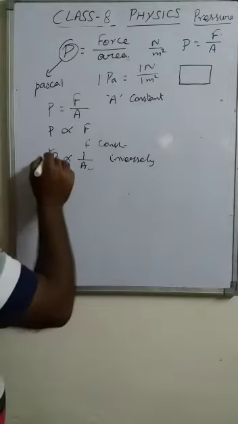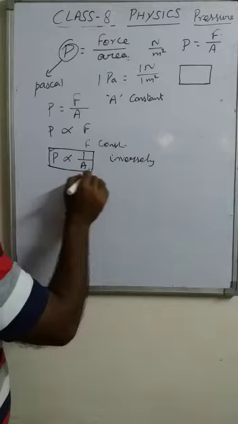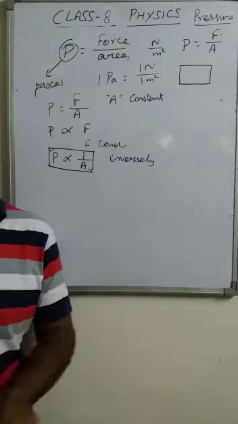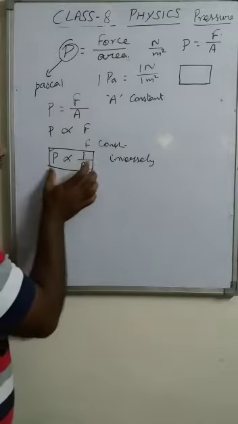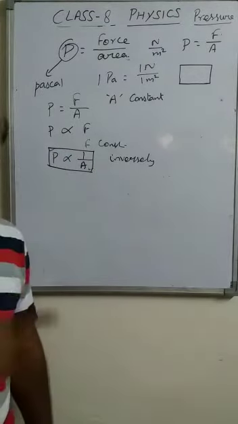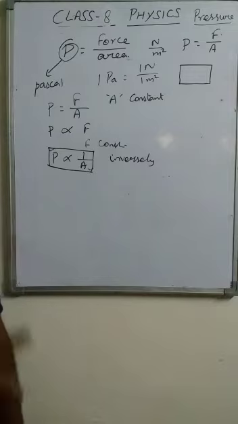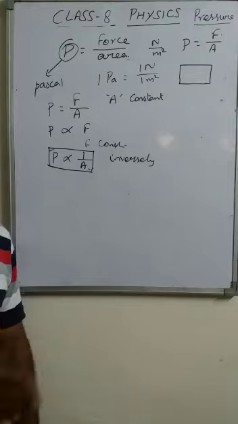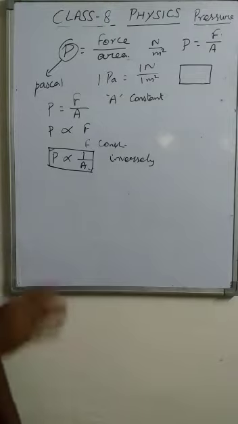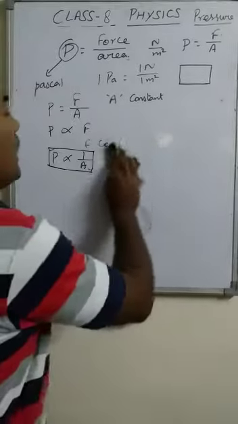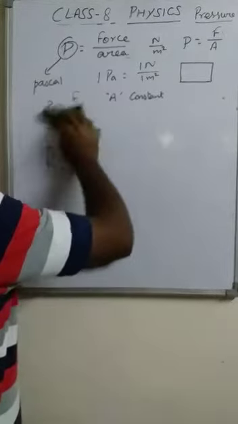And this relation is having many examples in our daily life activity. By taking this relation, that is pressure developed is inversely proportional to surface area, there are so many examples and applications also.